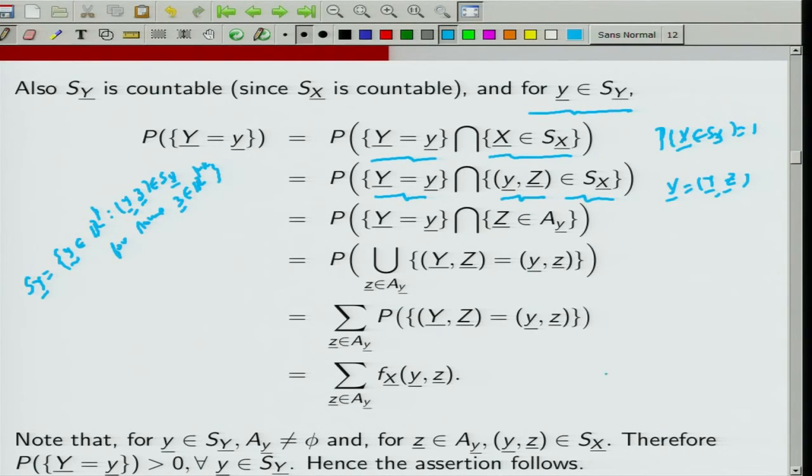Note that yz belongs to Sx if and only if z belongs to Ay. That is very obvious, because if z belongs to Ay, and what was Ay? Let us just go back and see what Ay is.